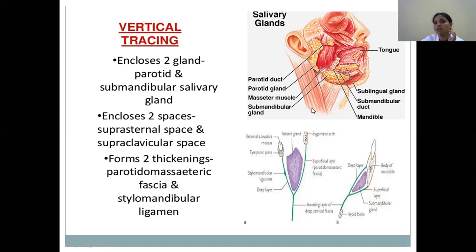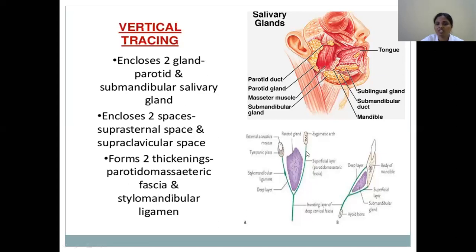Then just below at the angle of the mandible, 2 centimeters below and behind the angle of the mandible, this investing layer again splits to enclose one more salivary gland, that is the parotid gland. At the apex of the parotid, the investing layer is divided into two layers, superficial and deep.